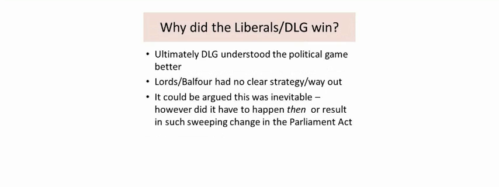The counter-argument to that is, well, that's probably true, although nothing is inevitable in life, but that's probably true. But did it have to happen in 1909? Okay, or did it have to happen so sharply, as in we had one crisis and then Parliament and then the House of Lords pretty much loses all its power?